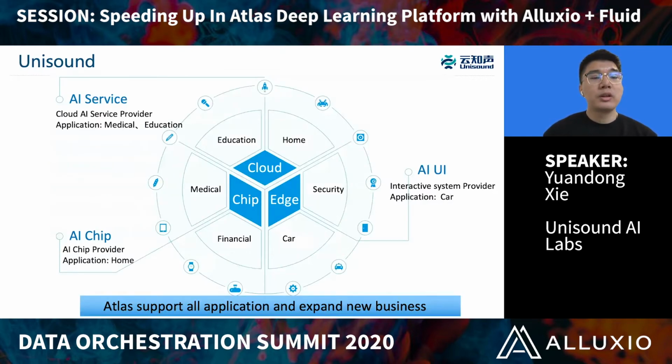Unisound is a world-leading artificial intelligence products and solution company. We provide customers with full-stack integrated solutions, including algorithms, software, and hardware products. Based on full-stack AI technology through cloud, edge, and chip, Unisound created an ecological closed loop from AI technology innovation to infrastructure applications.